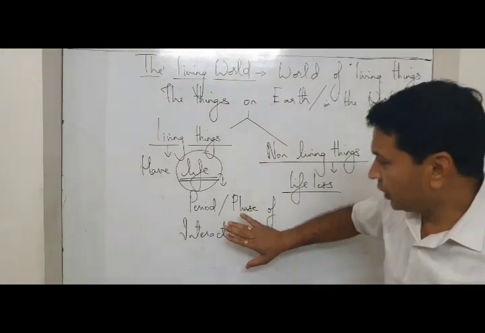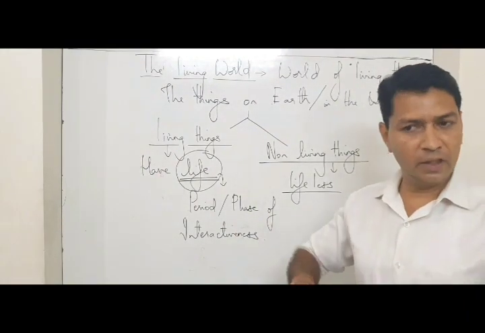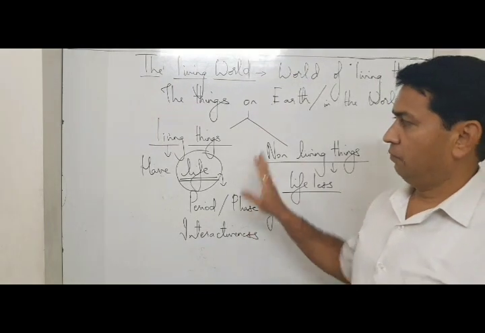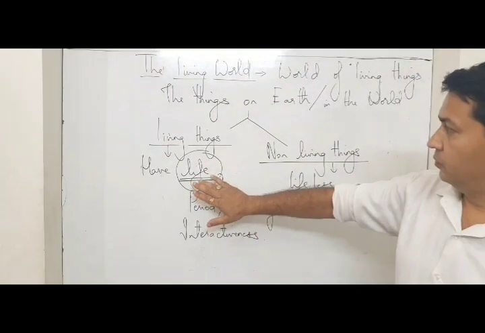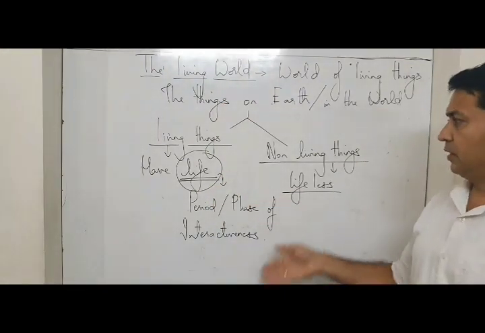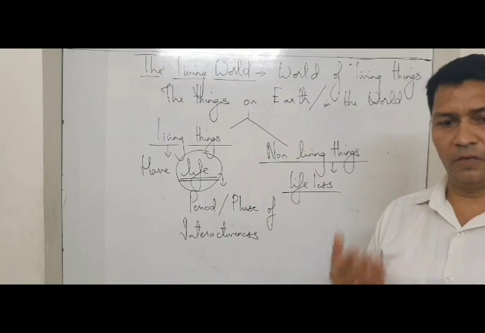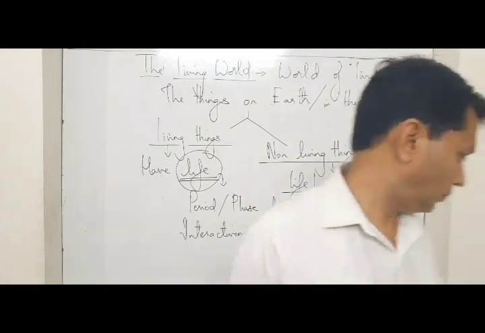As long as we can interact, we can perceive the change and we can respond, we have life. If this is there, we say the thing is a living thing. If this is absent, we say the thing is non-living. So this is the fundamental thing. Okay, done.